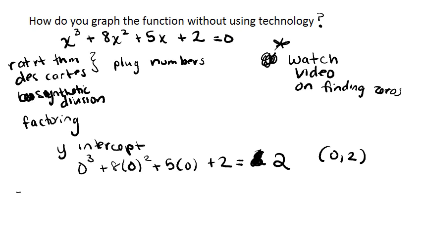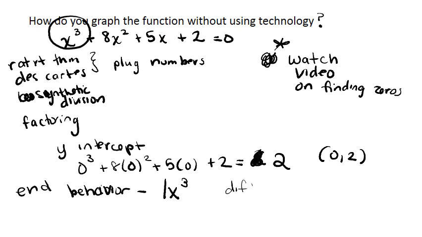And then you need to check the end behavior to see what the function does. In this case, I always just look at the first term. It's x cubed. There's a 1 in front of it that's hiding. The cubed means it goes in different directions.